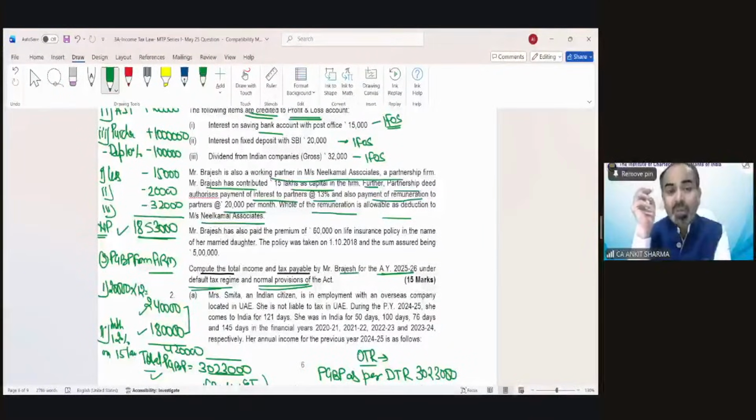The allowable portion of amount I need to tax. If you taxed 1% of the interest, that is the disallowed portion, so that would result in a wrong answer. The allowable portion is 12%. So I need to include under the partner's individual head 12% of that interest portion. So just read, recall, and then implement. That is exactly the process you should follow in the examination.